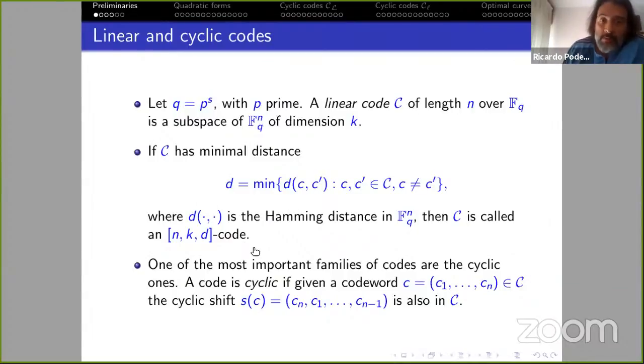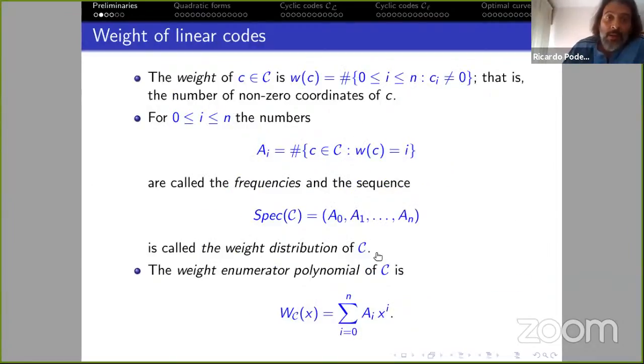And we're going to talk about cyclic codes. Cyclic codes are codes which are closed under the cyclic permutation of the coordinates. And we are interested in the weights of these cyclic codes. I recall the weight of a codeword is the number of non-zero coordinates.